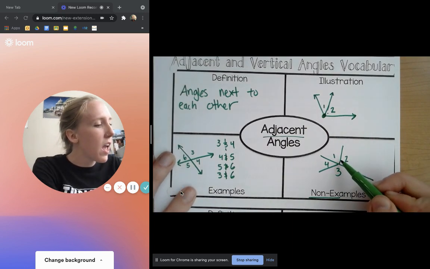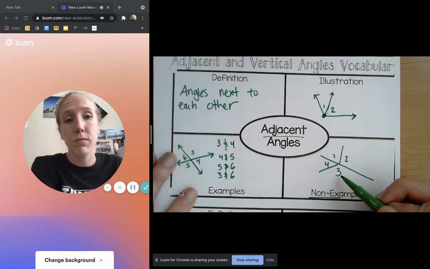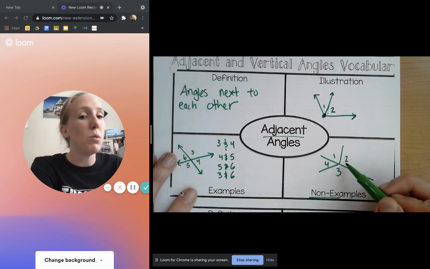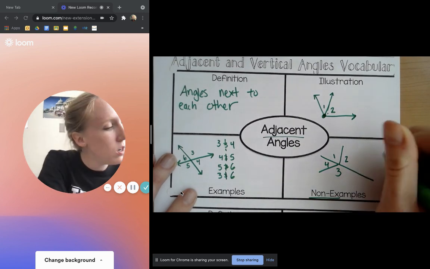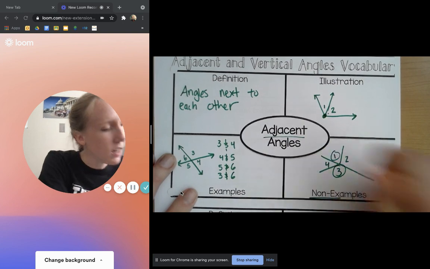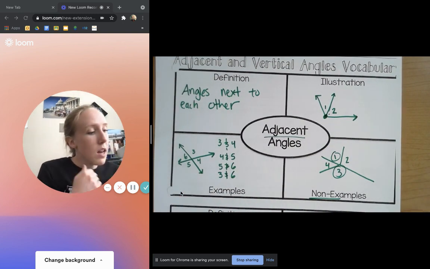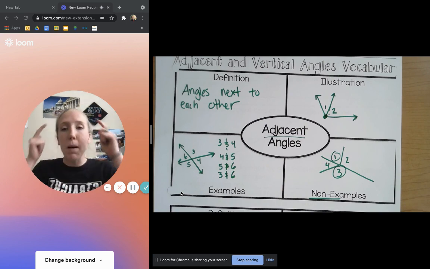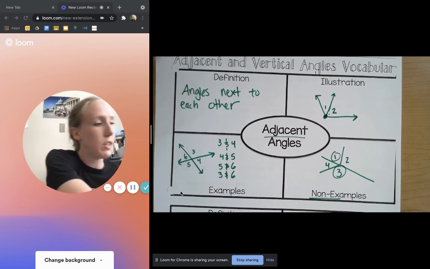Let's say angles 1 and 3 are not adjacent. Right? 4 and 2, not adjacent. So non-examples are like these two, not adjacent because they are not right next to each other. Okay, now that is adjacent. Remember, adjacent means right next to each other, sharing a side, sharing a vertex.